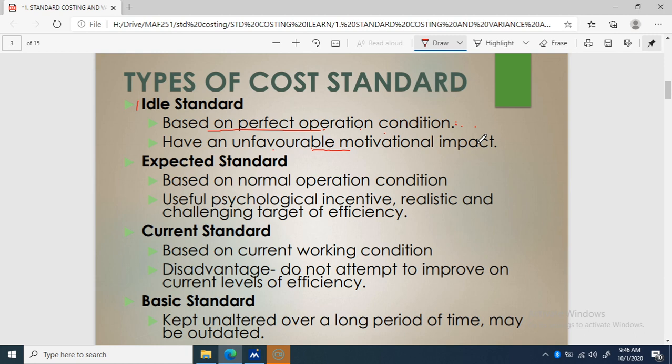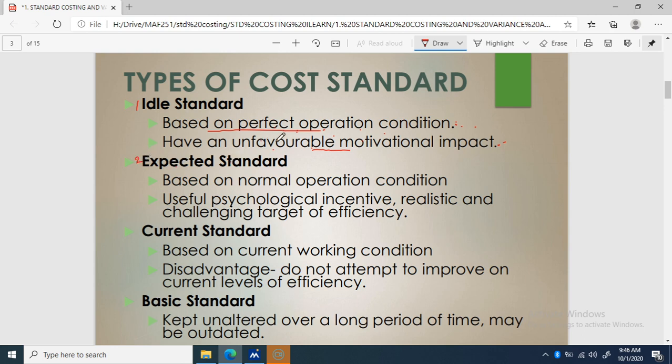They cannot meet the target since the target is too high for them. Number two is expected standard.